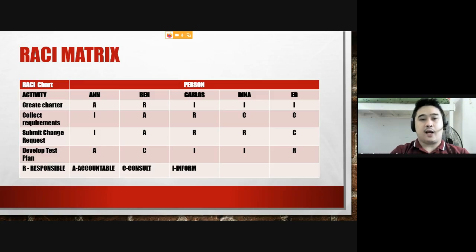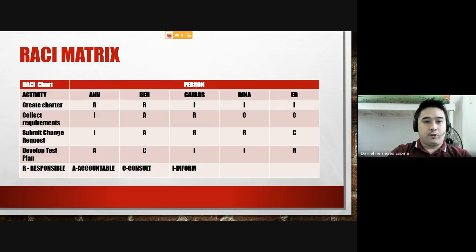And then lastly is I for inform. So we just need to inform them of the progress and the output, if the project or activity is being done or it's already done. Okay, so for example, you have create charters, so si Ann ang accountable, si Ben ang responsible for creating the charter.